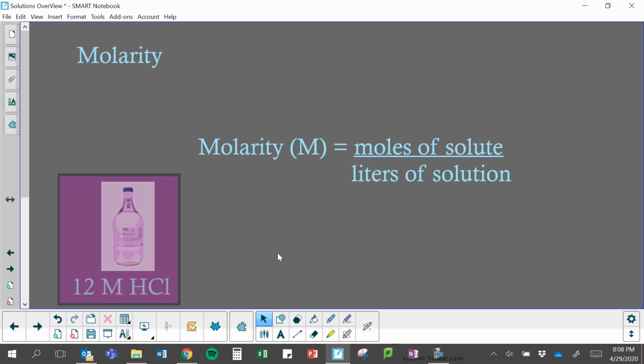So for example, if we have really, really concentrated hydrochloric acid, like the hydrochloric acid you get from a supplier that sells chemicals, and it's the most concentrated acid you could get, that would be like 12 molar hydrochloric acid. So we use that to describe how many moles of HCl there are in the water that's in the solution. Well, that would be the liters of the solution.